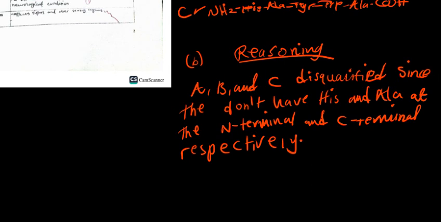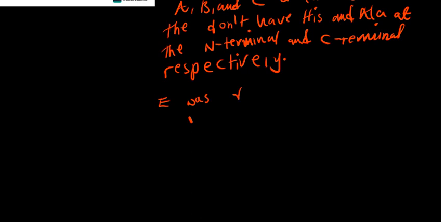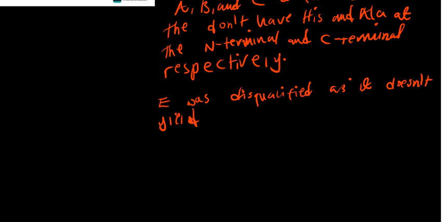So the reasoning for E, the reason why it was disqualified: it doesn't yield alanine, tyrosine, and histidine.